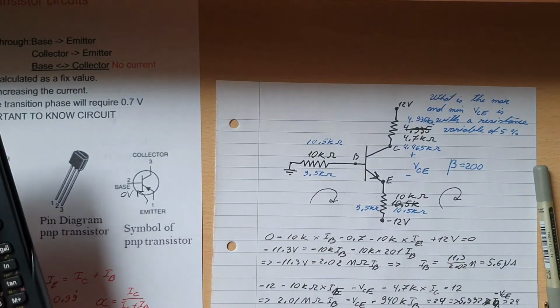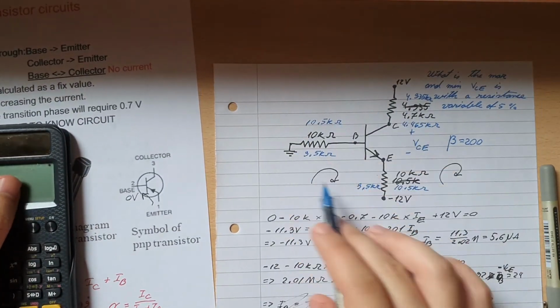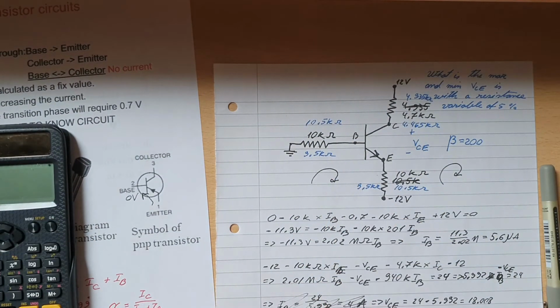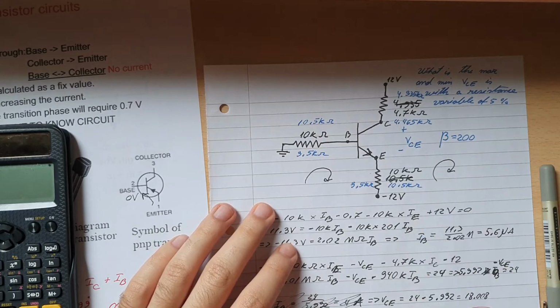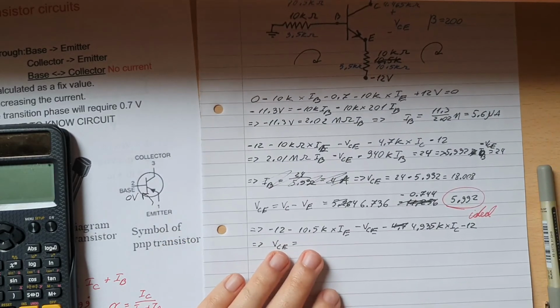Alright, so as homework you need to do this exercise and calculate it with these values, and if you get 0 when calculating this here, that means your calculation is correct.